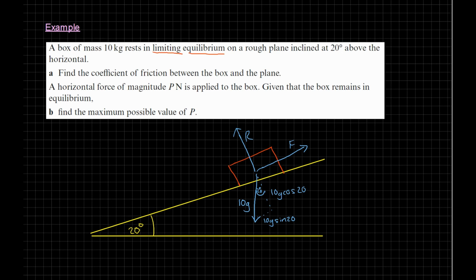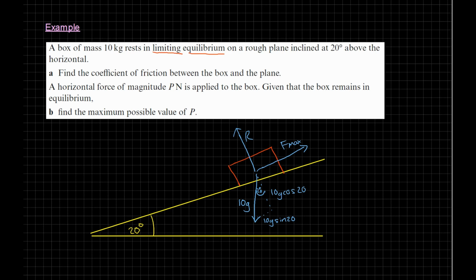So that's why it's useful to know something's in limiting equilibrium, because what that really is code for is the friction is at the F max. So not only is this F, it's actually specifically F max. It's the maximum friction. Okay, cool.